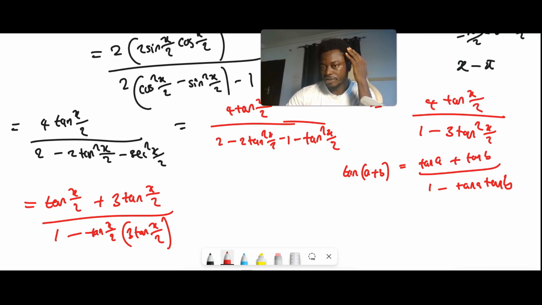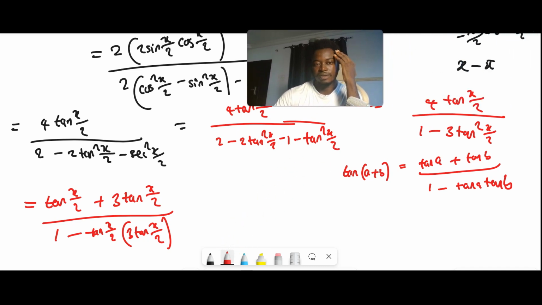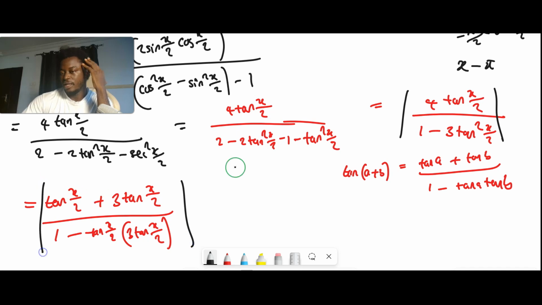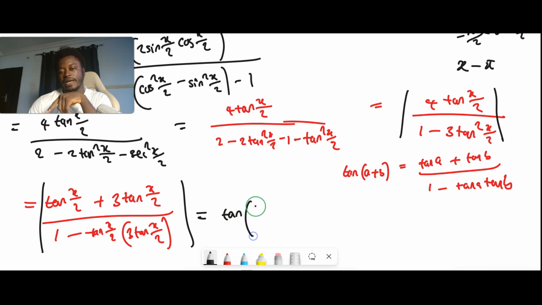Now this expression right here looked very confusing. Now look at it in this form. They are the same thing, but this one is much more illuminating, because we could say this may actually be equal to the tangent of x over 2, because now, in the first part, you have x over 2.